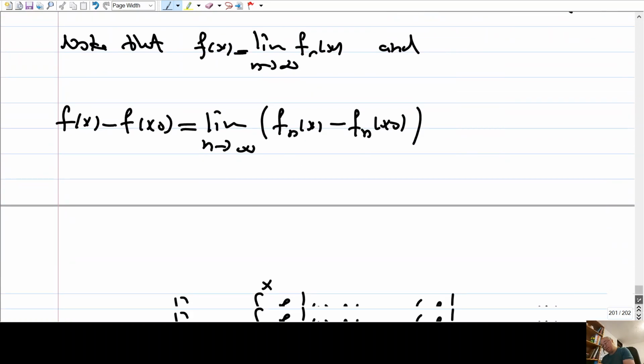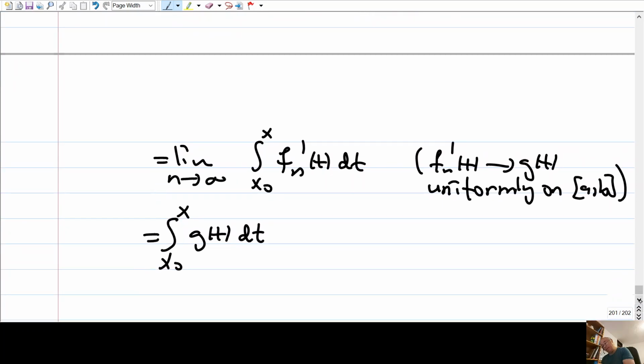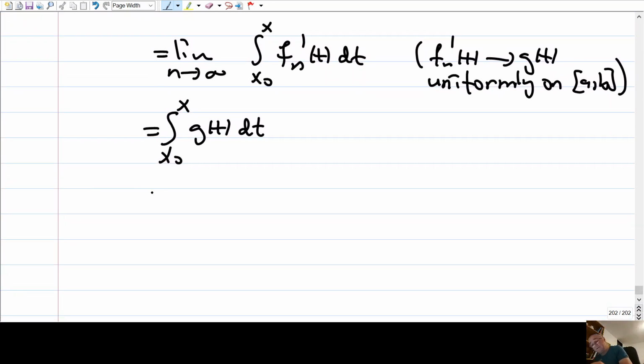And what is this? What we have seen is then, this is just g(x) minus g(x0), or actually I have this.